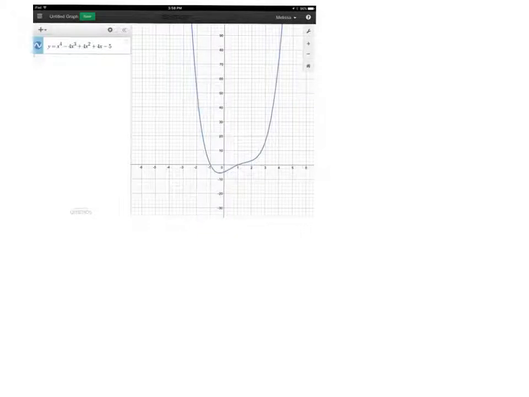Looking at this polynomial function, look at the graph, and you can see that we have zeros at -1 and +1. This quartic function should have 4 zeros and 4 factors.